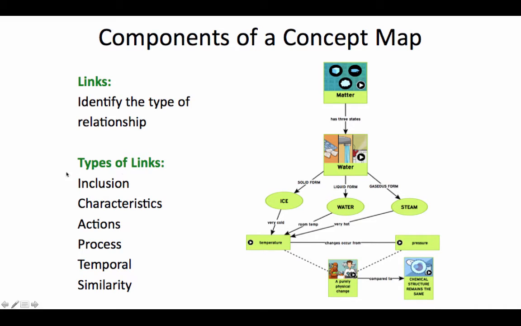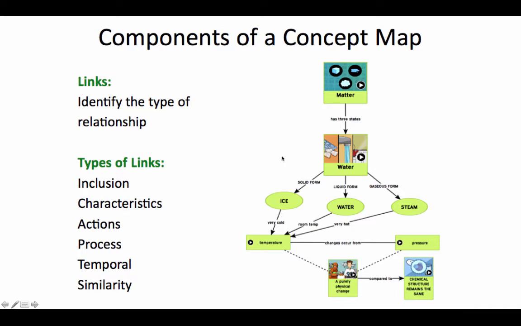They can be inclusion: these are three things that are included under this larger idea. They can be characteristics of the thing that's in the bubble. They can show action, parts of a process, a sequence of events in time, or show how things are similar or even how they contrast.